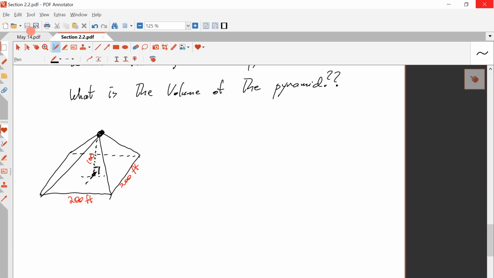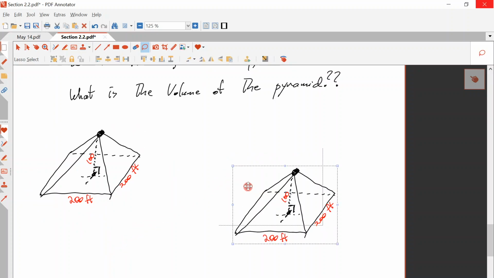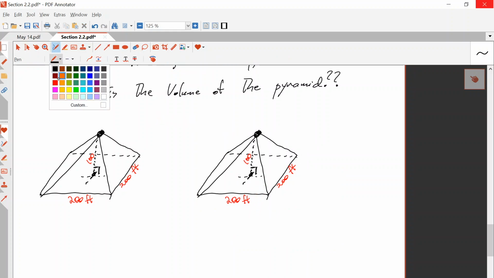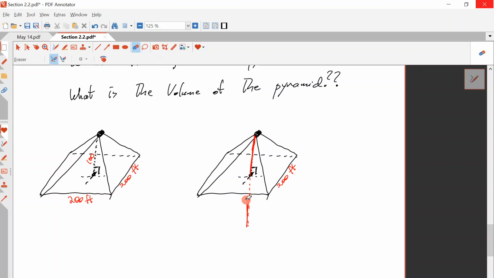All right. So I'm going to make this the axis along which I line this guy up. So I'm going to make this zero.